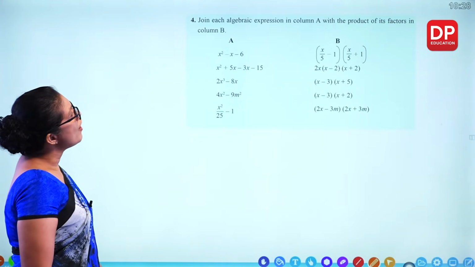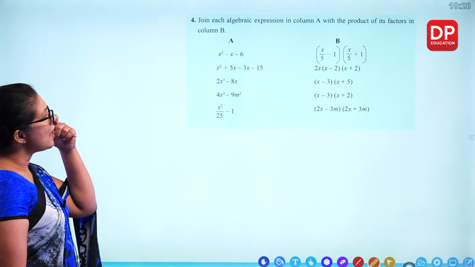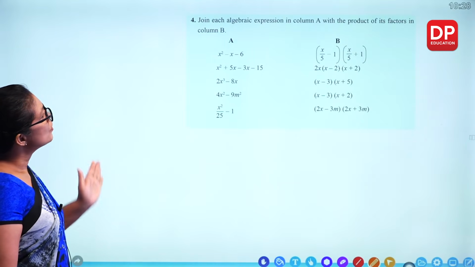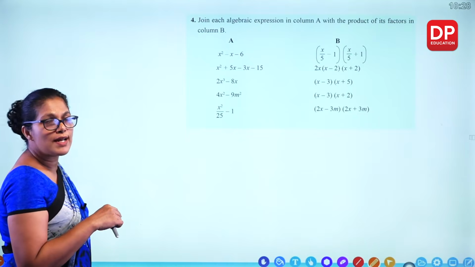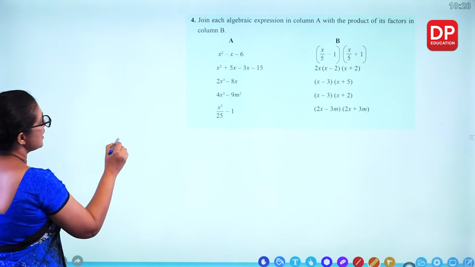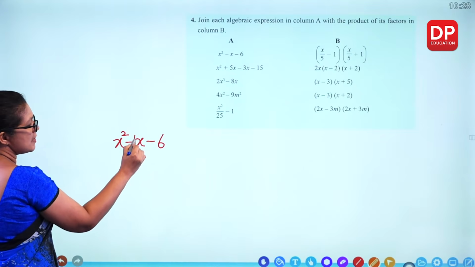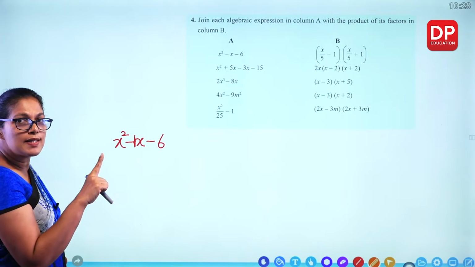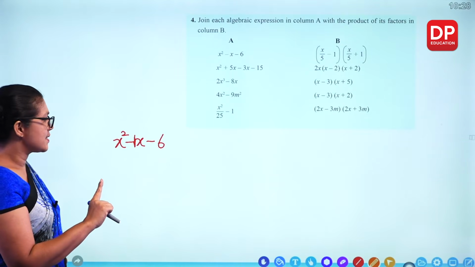Fourth one, join each algebraic expression in column A with the product of its factors in column B. So we need to do them separately and find the answer from the right hand side. We'll take the first one, x squared minus x minus 6. The last term is minus, which means you need 1 plus and 1 minus.